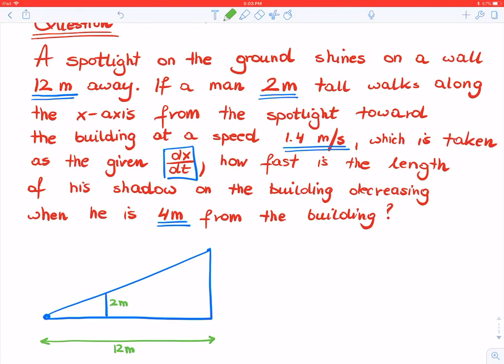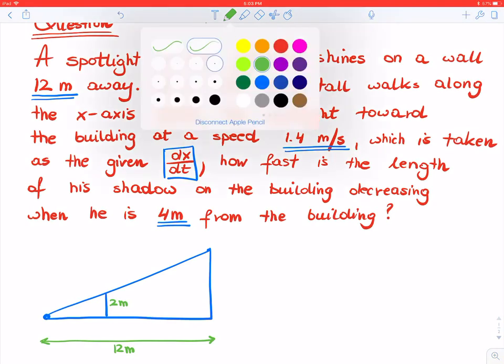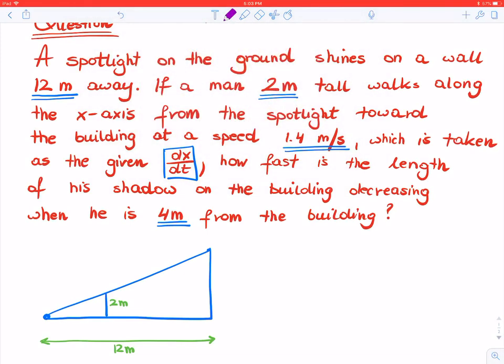Those are the quantities that we can easily use. They are not going to change. But what is changing is the distance, because he's moving this way. I'm assuming the distance behind him, that pink purple part, is x. And the rate of change of x with respect to time, which is the speed, is 1.4 meters per second.